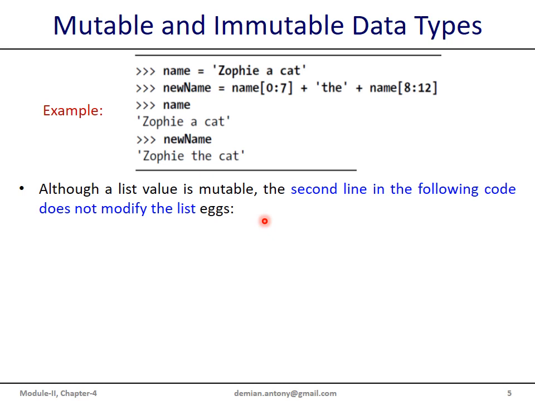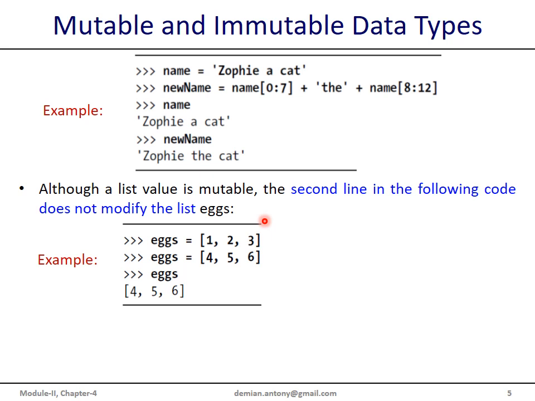As I said, list is mutable. If you are changing the entire list, then the existing list will not be modified. Rather, the new list is being created. Let's take up this example.